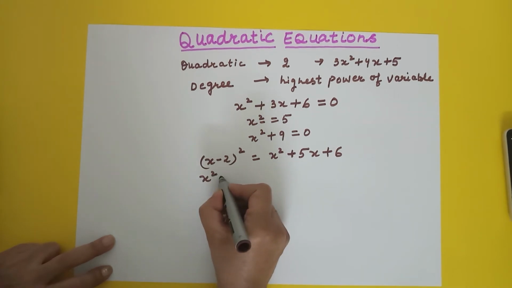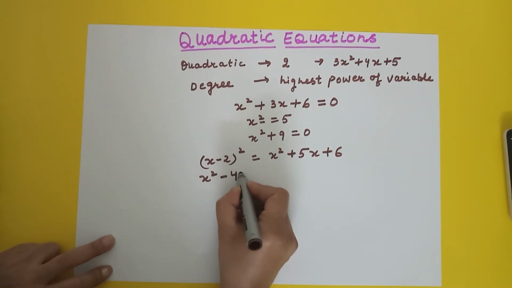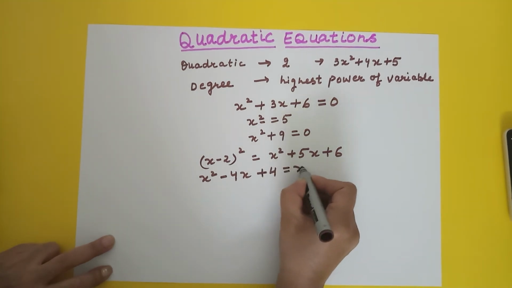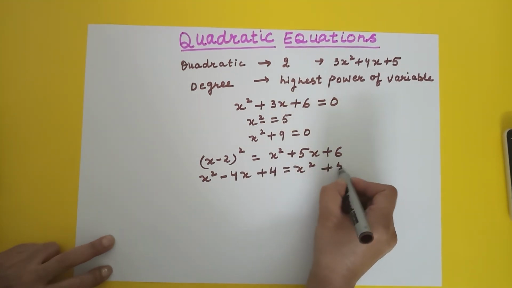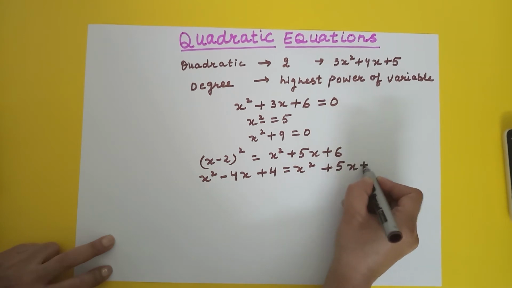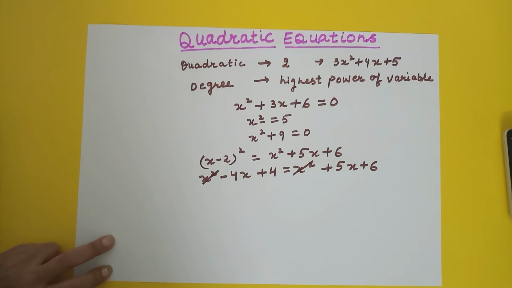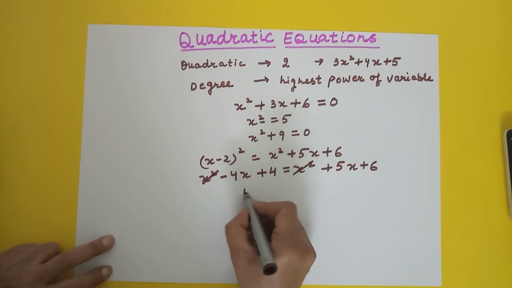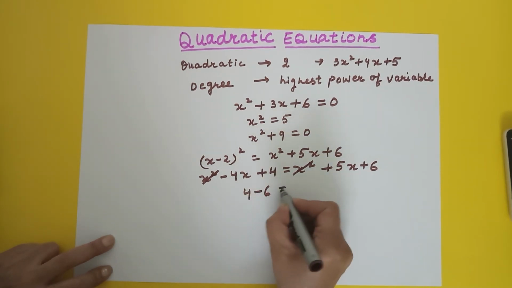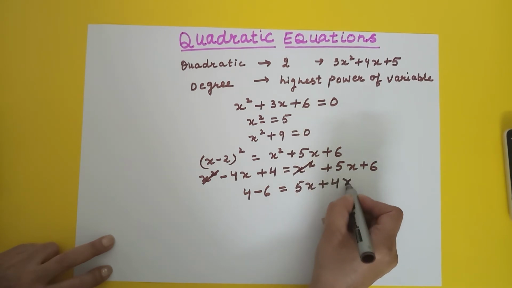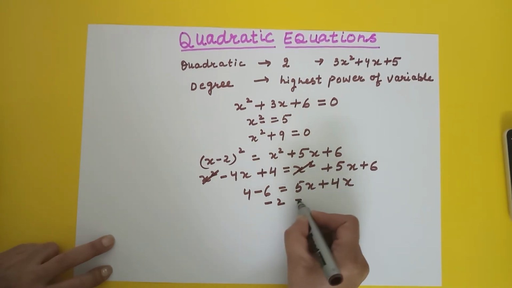This becomes x square minus 4x plus 4 equals x square plus 5x plus 6. Now x square and x square will cancel. So you will get 4 minus 6 equal to 5x plus 4x. So you'll get minus 2 equal to 9x.